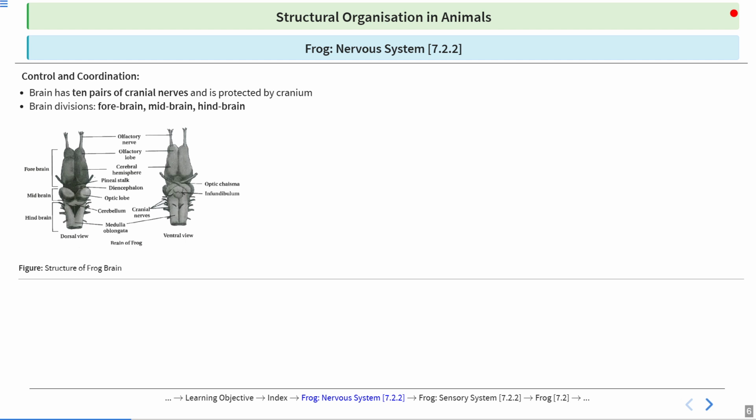You know, the hypothalamus is very, very important. From the hypothalamus, the pituitary gland is hanging, right? And this pituitary gland is the master gland that controls all the glands present in our body. So this infundibulum is the connection between the hypothalamus and the pituitary, right?